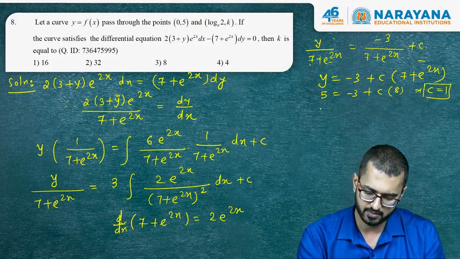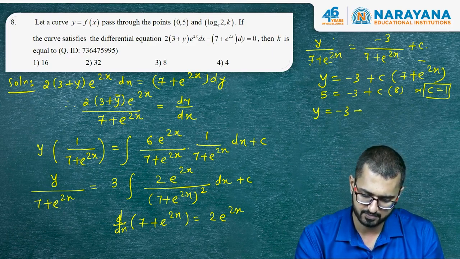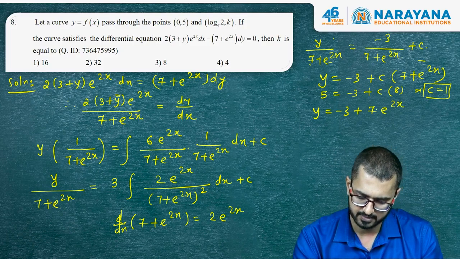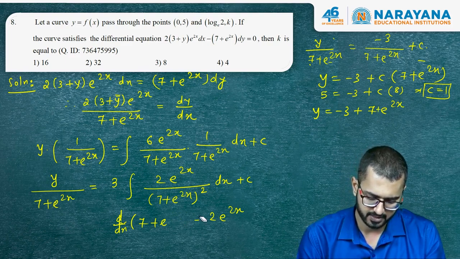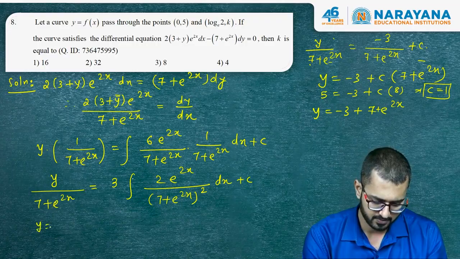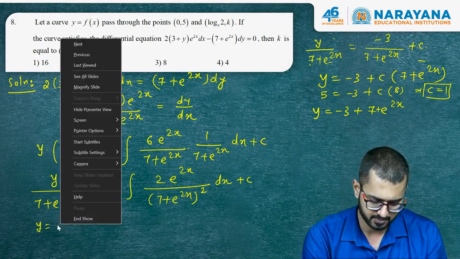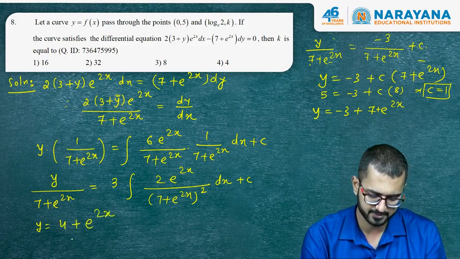So we can now write y is equal to minus 3 plus 7 plus e power 2x, so y is equal to 4 plus e power 2x.